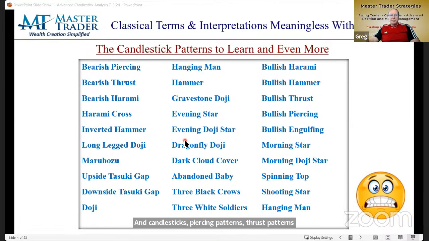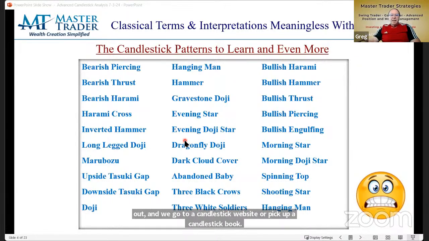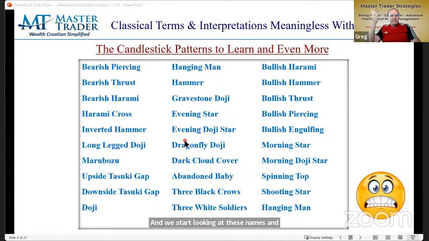When we start out and go to a candlestick website or pick up a candlestick book, we start looking at these names and think, okay, I need to know these names and these pictures and what they mean. And then the candlestick gurus get into the probability of certain patterns, these names following through. Well, on a basic level, that is true.